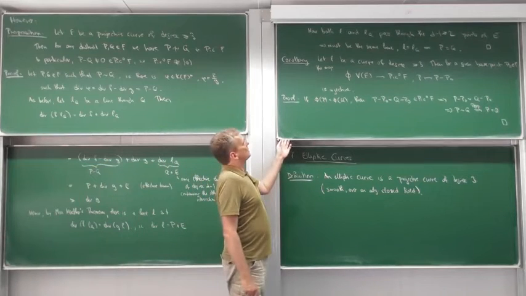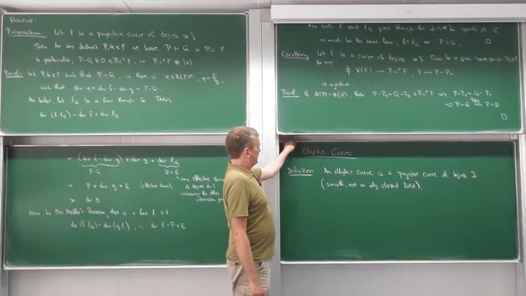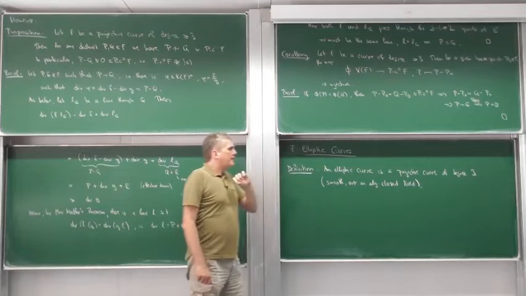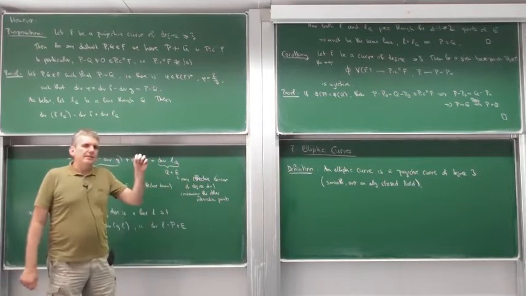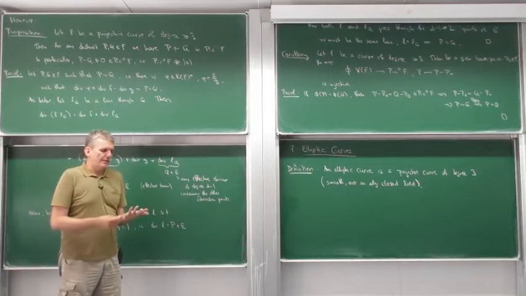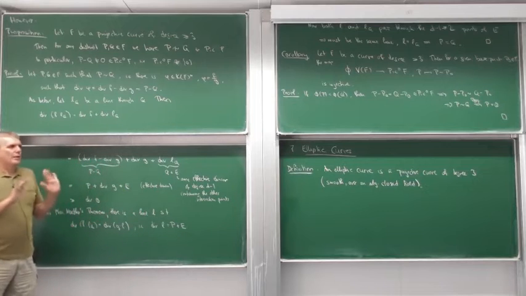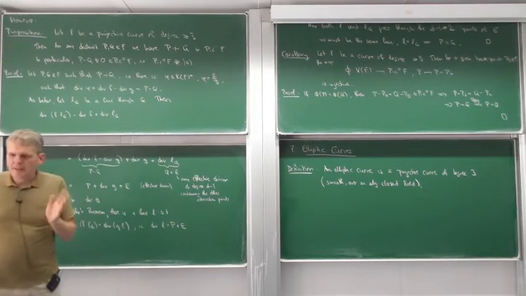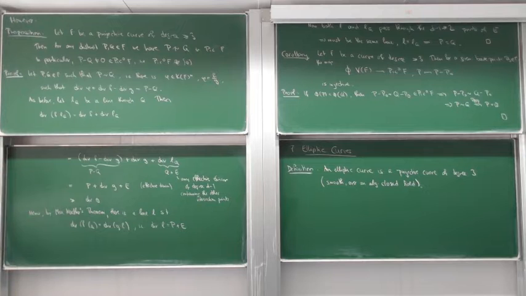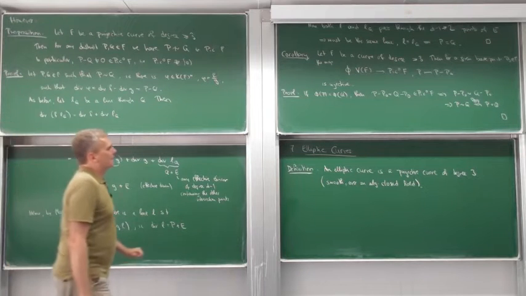It's not possible to compute it directly in explicit terms, but you can write it down as an integral over such a curve, and that's why it's called an elliptic curve. So that's just a remark about the name. Please don't think it's an ellipse. It's just a curve of degree 3.